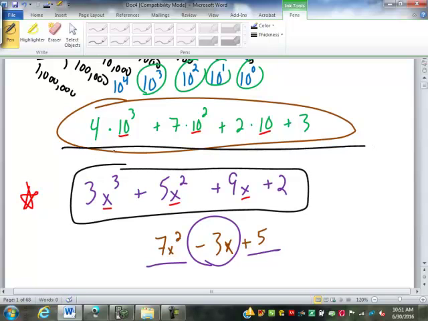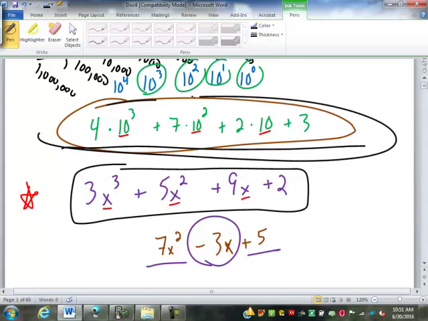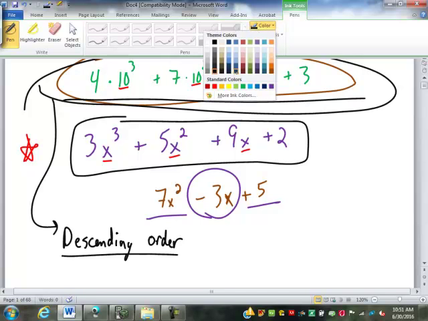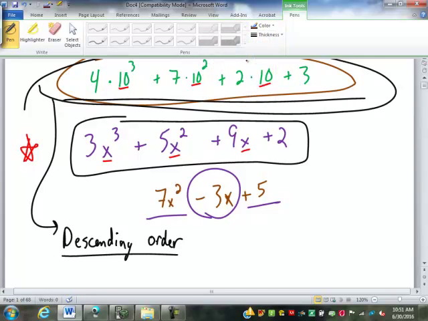Our place values in our whole numbers and integers occur in something we call descending order. Descending order just means the largest place value comes first.